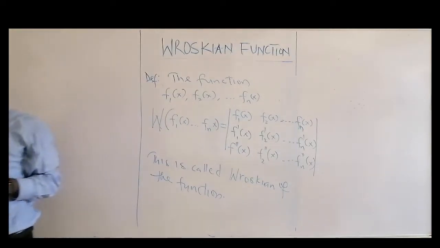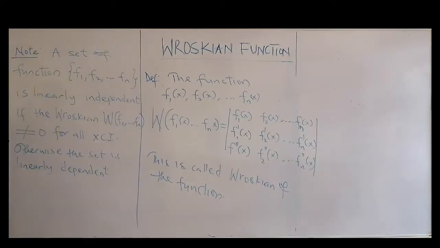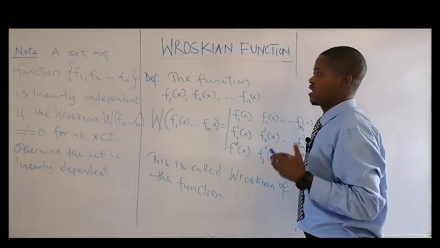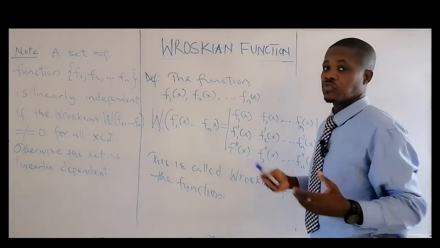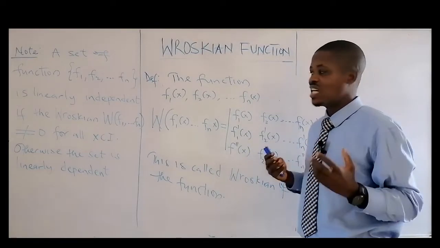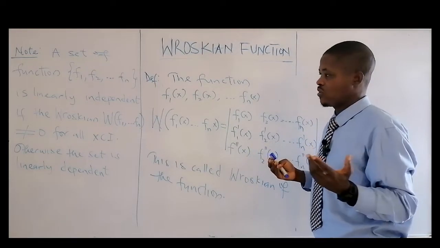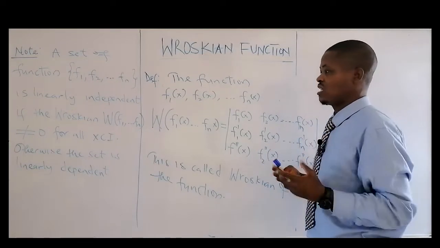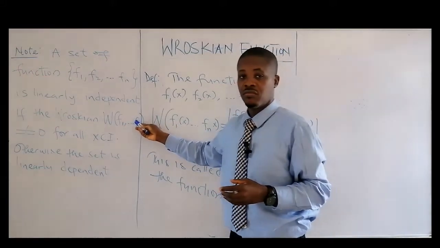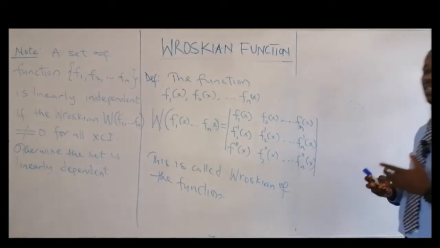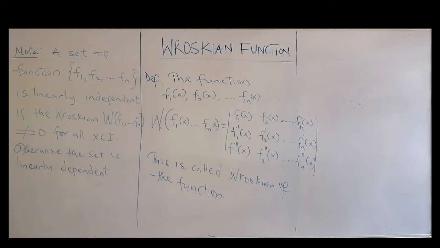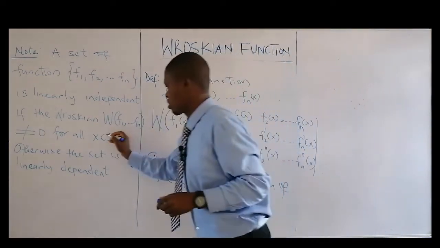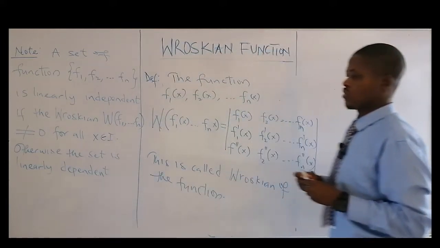Then the next thing we want to look into, there is a key note here: a set of functions f1, f2, and so on is linearly independent if the Wronskian of those functions, the determinant, is not equal to zero for all values of x belonging to the domain.